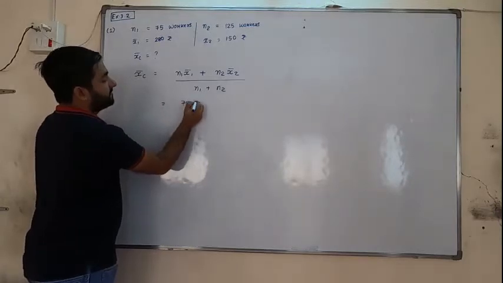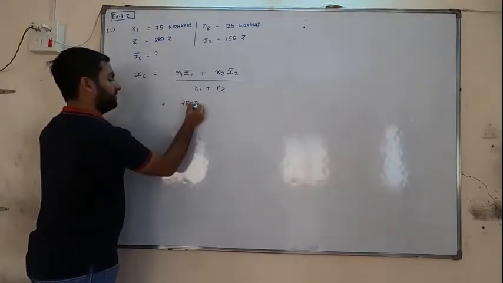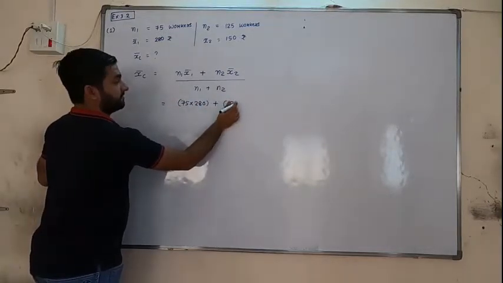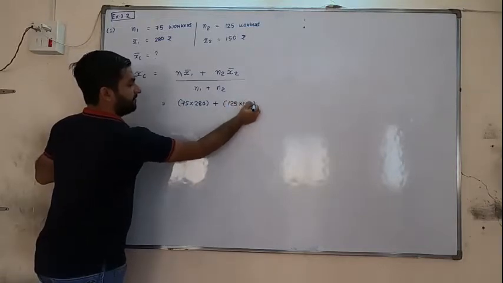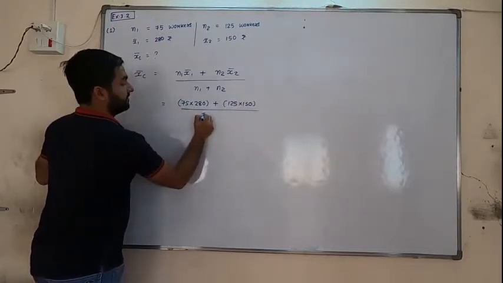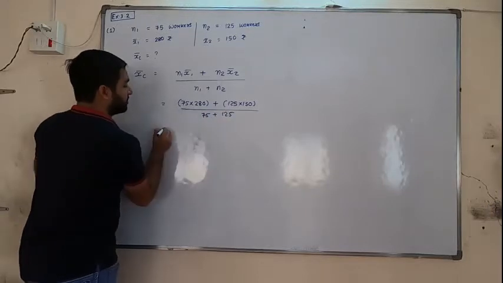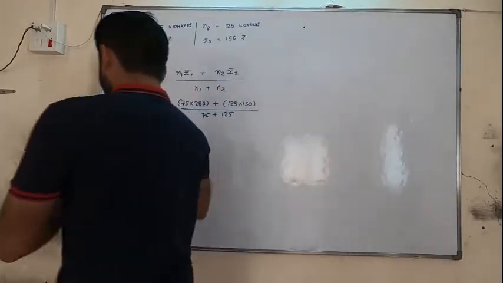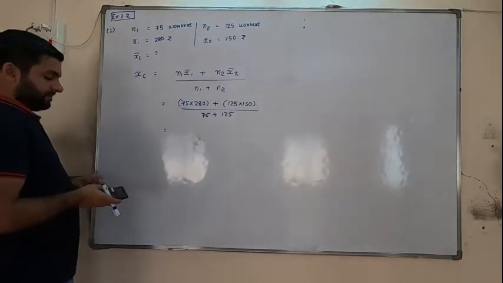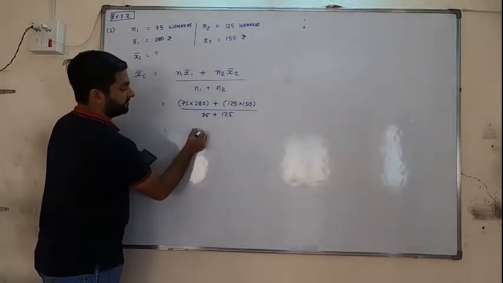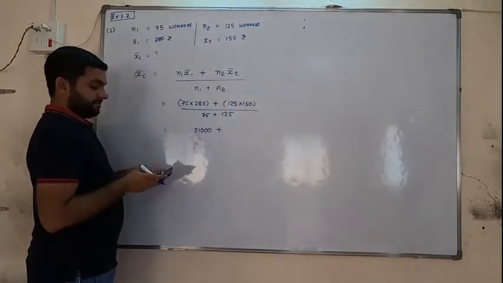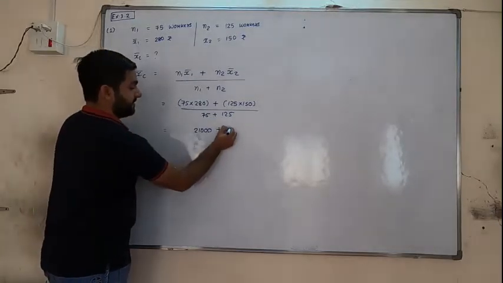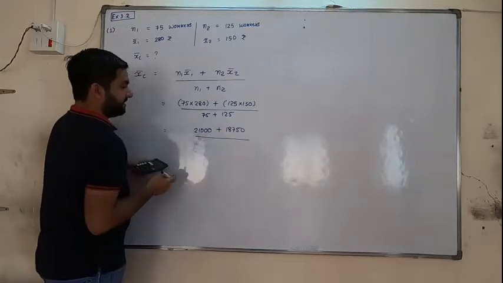So 75 multiply 280 plus 125 multiply 150, divided by 75 plus 125. Don't make a mistake in writing the data. 75 into 280 is 21,000, plus 125 into 150 is 18,750, divided by 200.